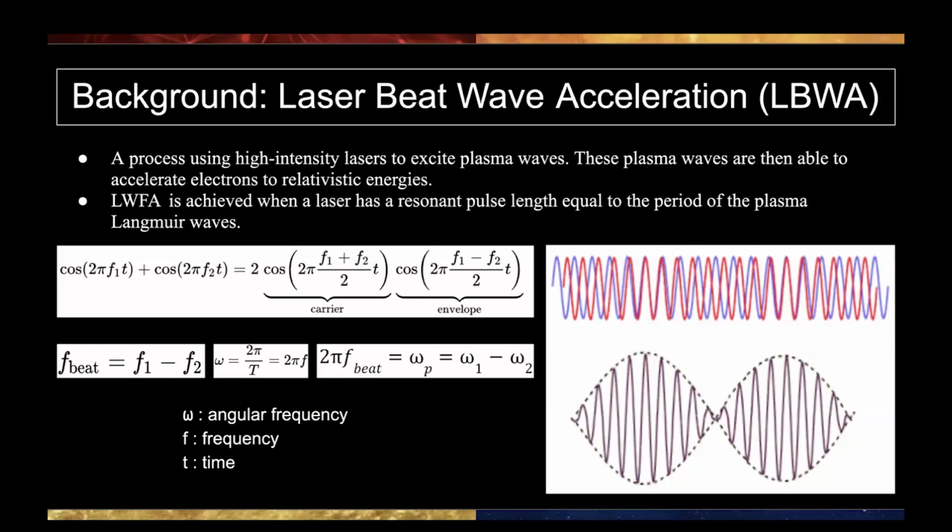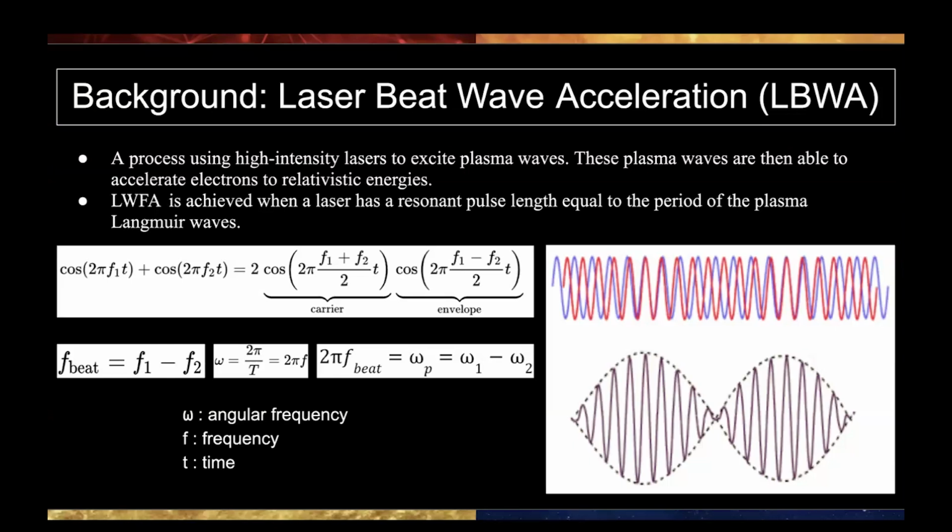To start off with the equation, we can see the carrier portion of it, labeled carrier, and the envelope portion labeled envelope. To put it into perspective, the envelope is demonstrated on the right side at the bottom portion, and the carrier is as well.